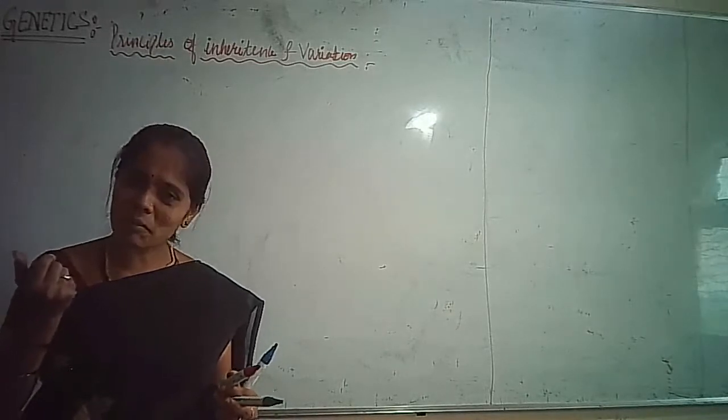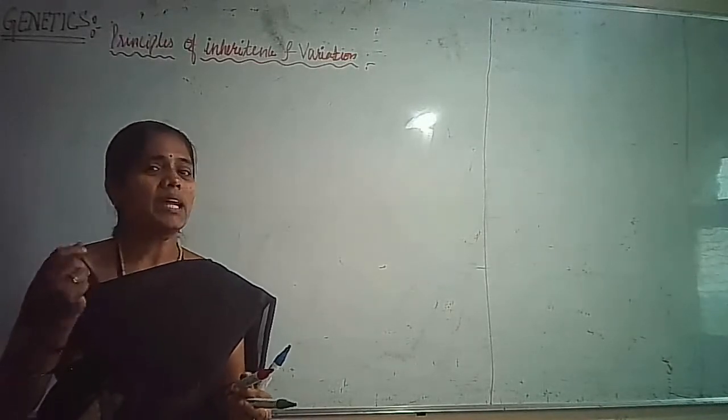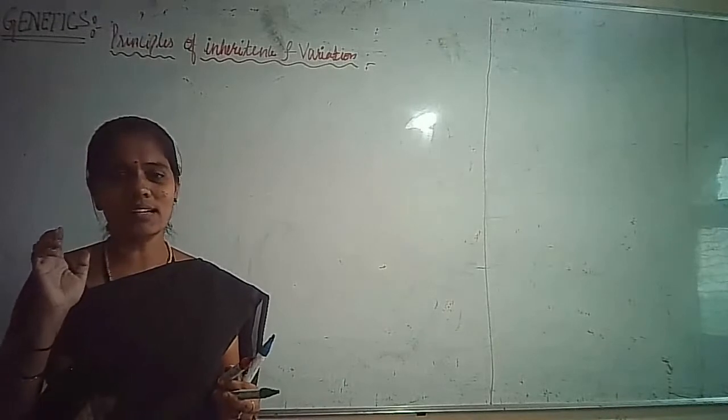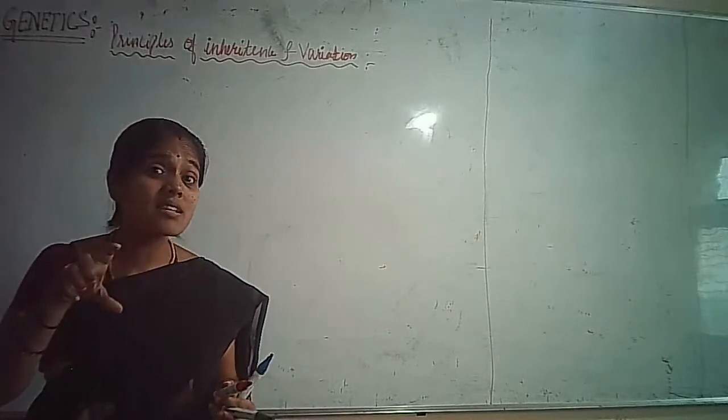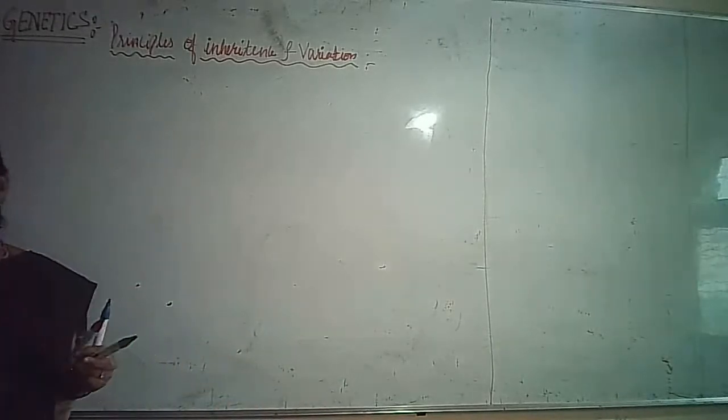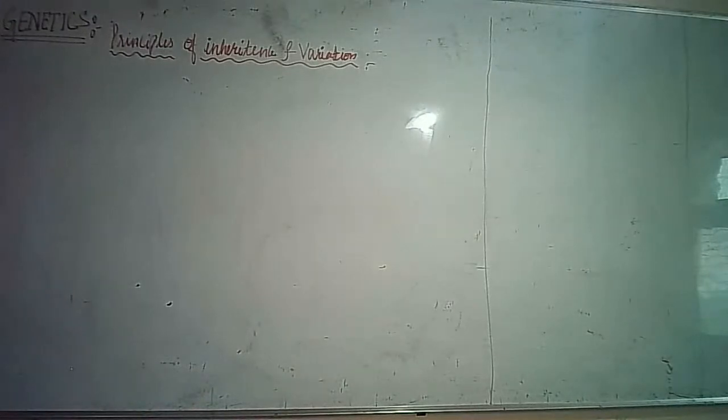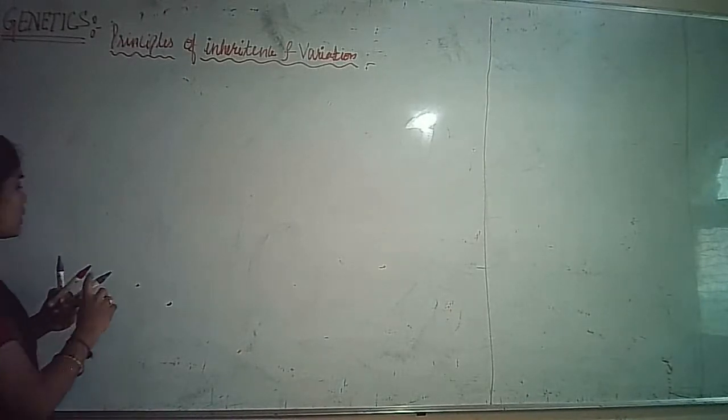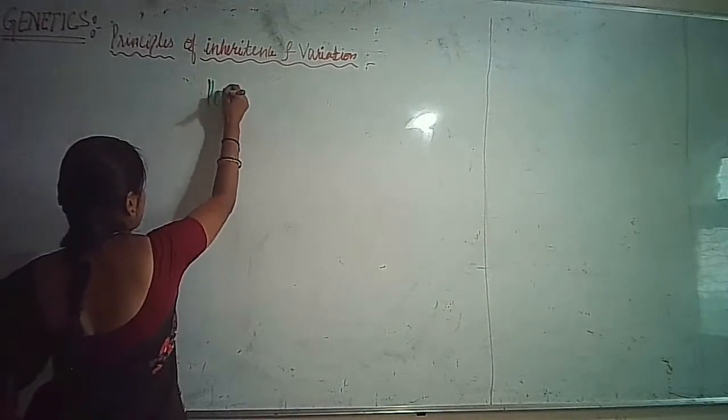Is it possible everybody will have it? No, it is because of one change, isn't it? So how can we analyze? We can analyze by using pedigree. That is what we say, pedigree analysis. We can see the family tree by pedigree here.